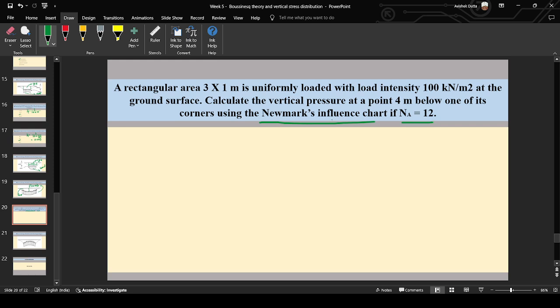If we have NA given, we can directly use sigma Z equals Q into IF into NA, where NA is 12, Q is 100 loading intensity, and IF, the influence factor in the original Newmark's chart, is the entire area divided by the number of annular areas and the number of sectors in each area. It is 1 divided by 10 into 20, which gives 0.005.